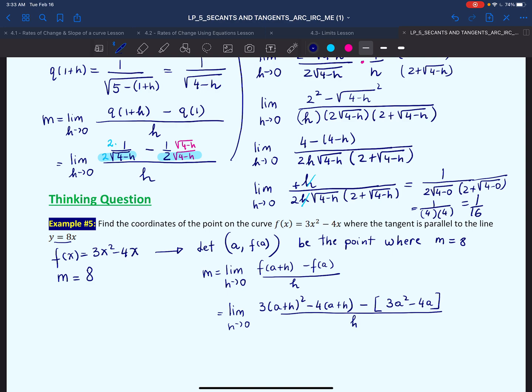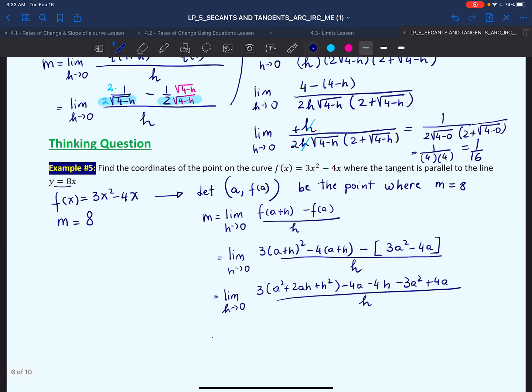And that will be over h. So this is 3a squared plus 2ah plus h squared, minus 4a minus 4h minus 3a squared plus 4a, divided by h. That's the limit as h approaches 0.